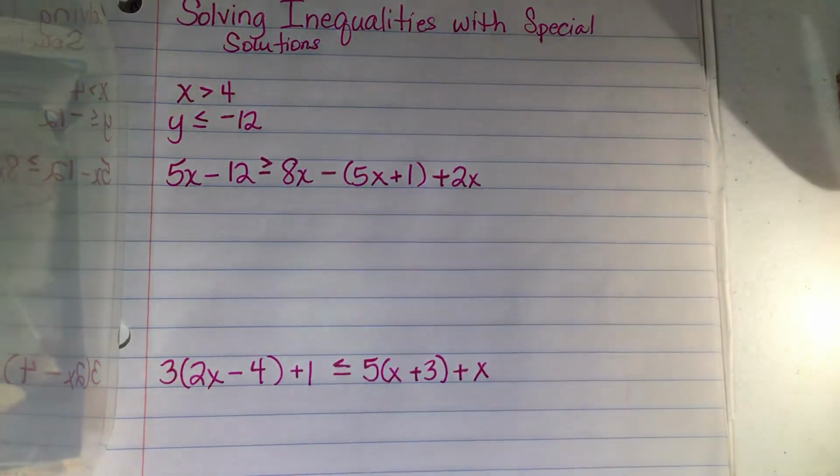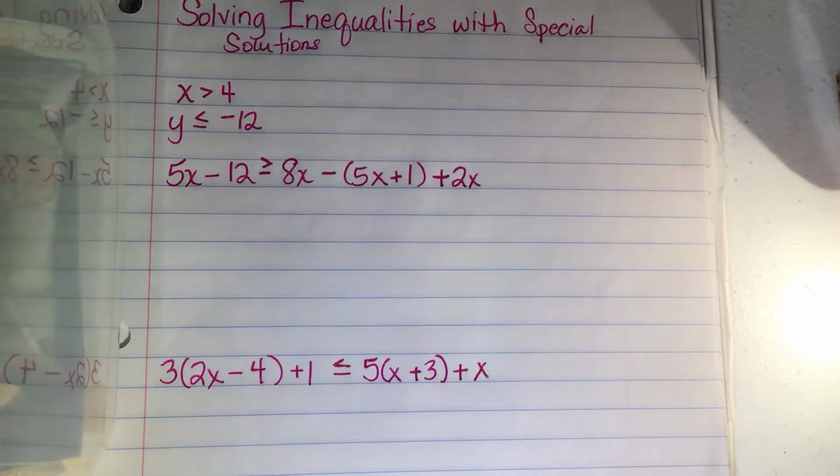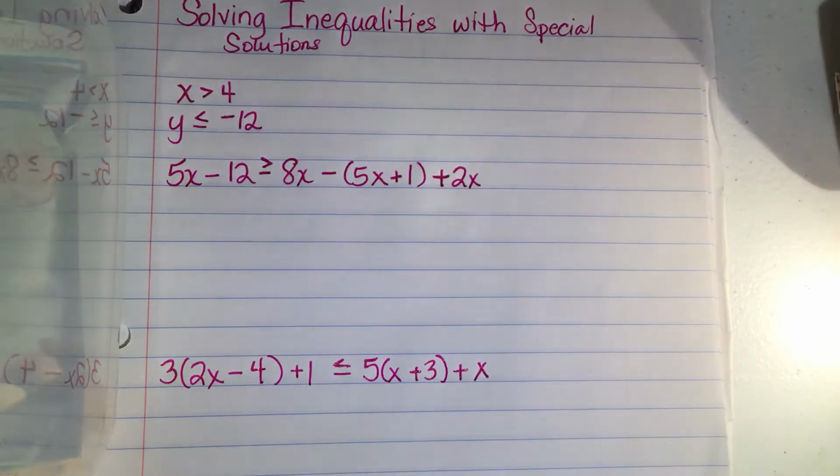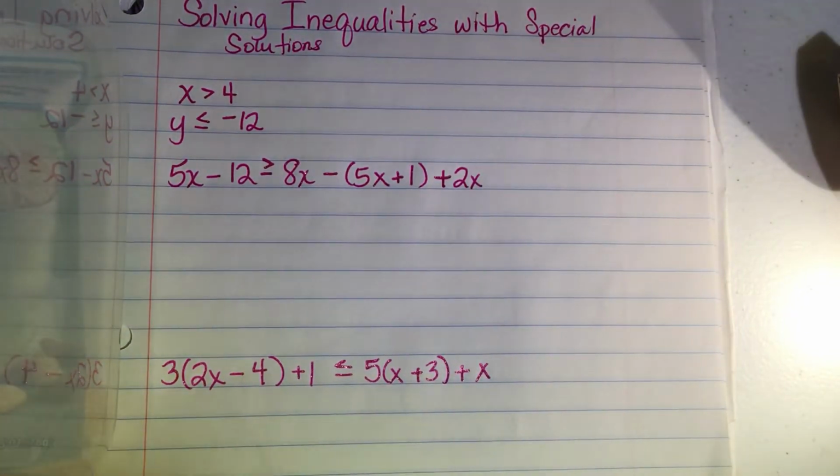I noticed there were a couple of problems in your assignment that may not have fit exactly like the ones that were provided, the videos that were provided of examples.